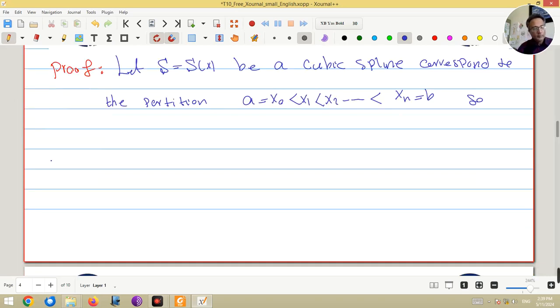So S of xi should be equal to yi for i equal to 0 to n.